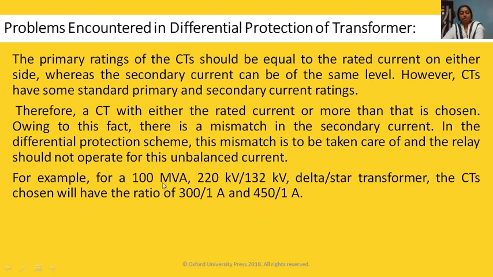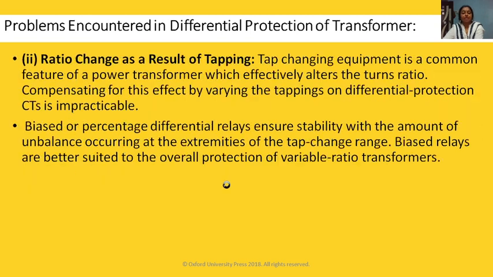Whatever value you get by MVA divided by kV, you will get near about 254 here, and here you will get near about 424. So we are using greater values, the values which are manufactured by the manufacturer. So definitely it will cause a mismatch or unbalanced current.